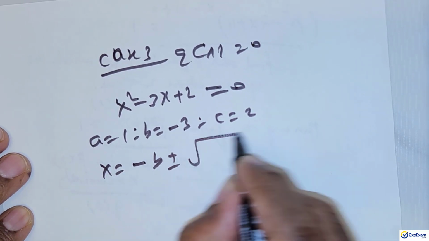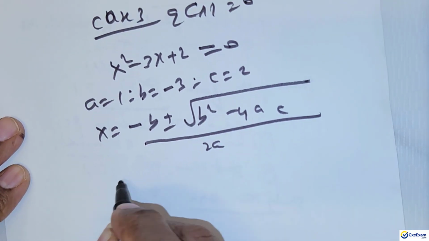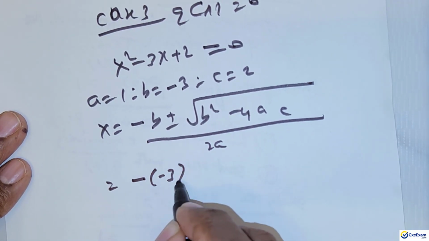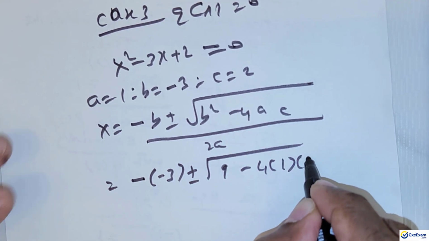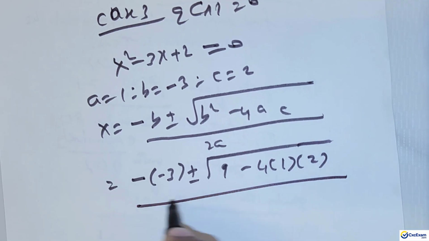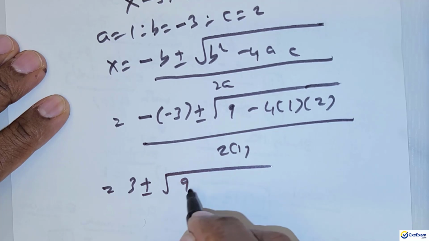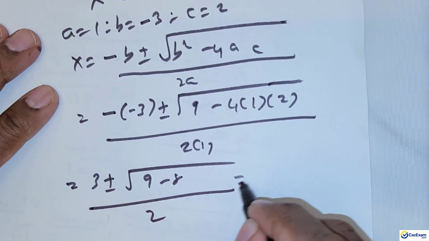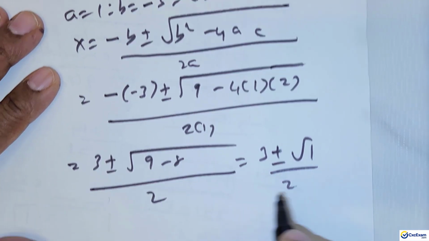X is equal to negative b plus or minus root of b squared minus 4ac, divided by 2a. This is negative of negative 3 plus or minus root of 9 minus 4 times 1 times c, which is 2, divided by 2 times 1. So 3 plus or minus root of 9 minus 8 divided by 2, which is 3 plus or minus root of 1 divided by 2.